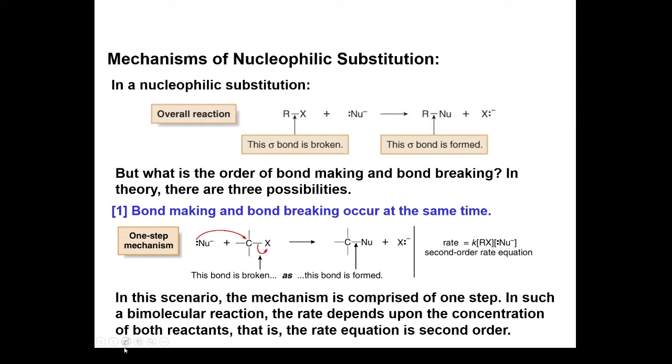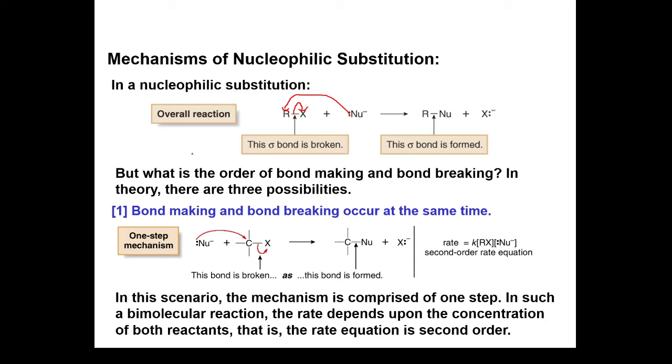So here's the general mechanism that's going to happen. The sigma bond between the halogen and the carbon chain is broken. The nucleophile gets in there. Now the question is this: does this leave and then this attach? Does this attach and this leave?